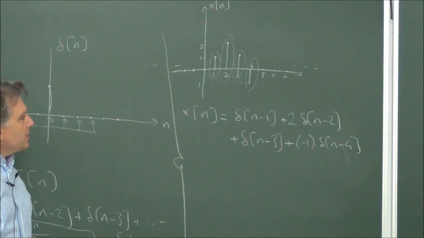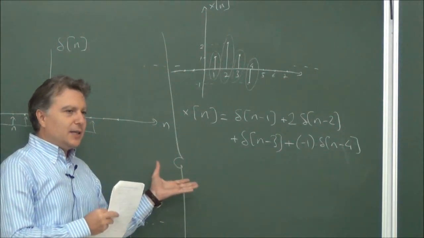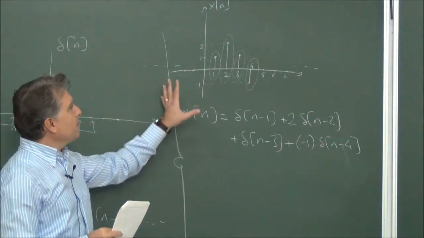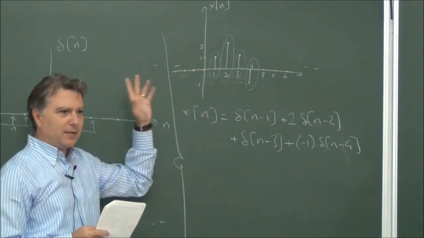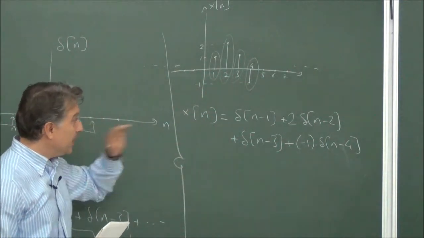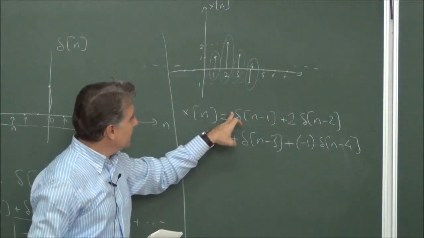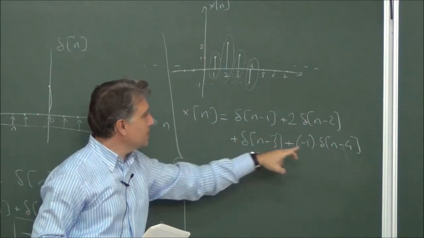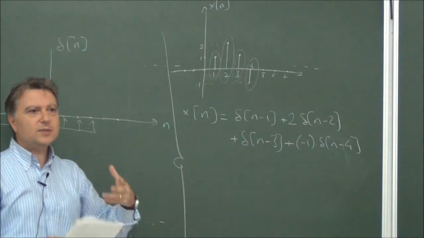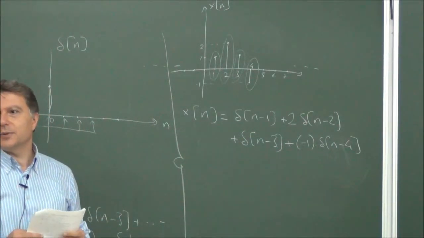And this representation is telling us that, as you can see, you must be convinced that if you have any kind of a discrete time signal, you should be able to write it in terms of shifted and scaled impulses. This is 1, this is 2, this is 1, this is minus 1. These are the scales. Any function can be represented that way.